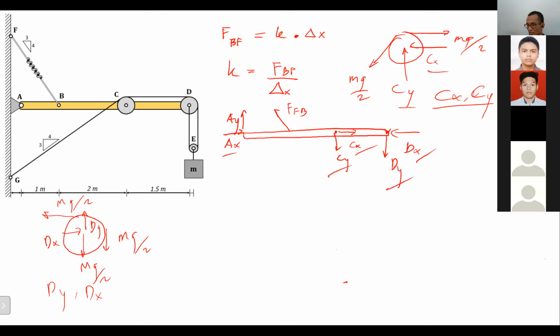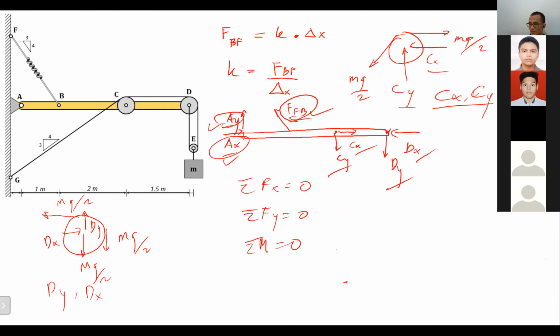We have three unknowns there: Ay, Ax, FFP. Using sigma Fx equal to 0, sigma Fy equal to 0, and sigma moment equal to 0, you will be able to find everything. You will be able to find Ax, Ay, and FFP.